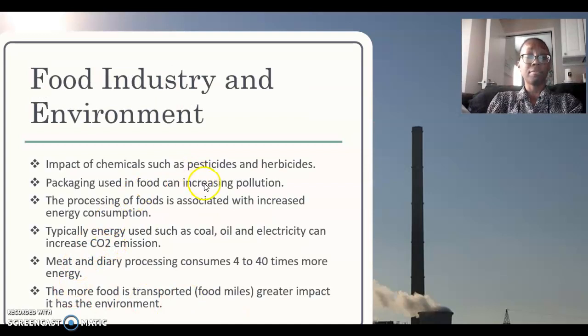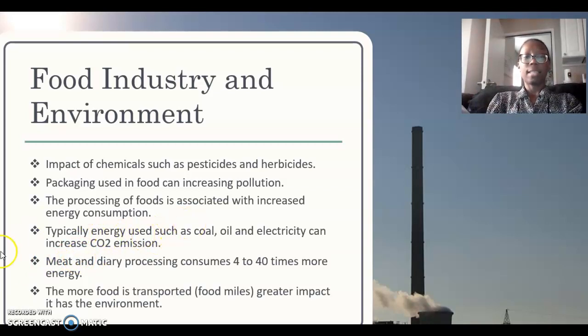So what are some of the factors that impact our diets and determine the sustainability of the diet? The amount of herbicides or pesticides used, the packaging used in foods, the processing of foods. The more processed the food, the more energy that is used. The more energy that is used from coal or electricity or oil increases CO2 emission, which we know has a drastic effect on climate change and greenhouse gases.